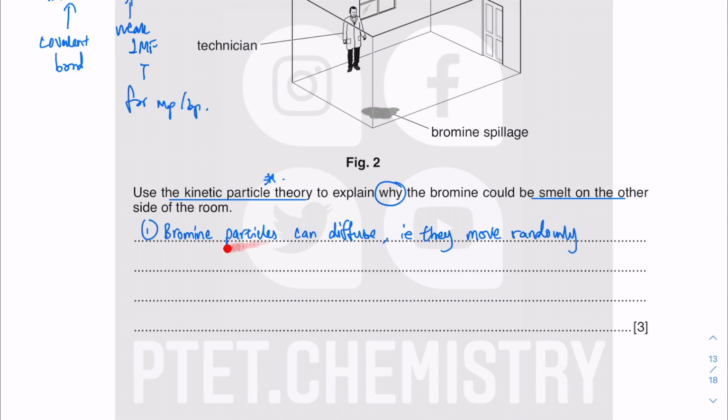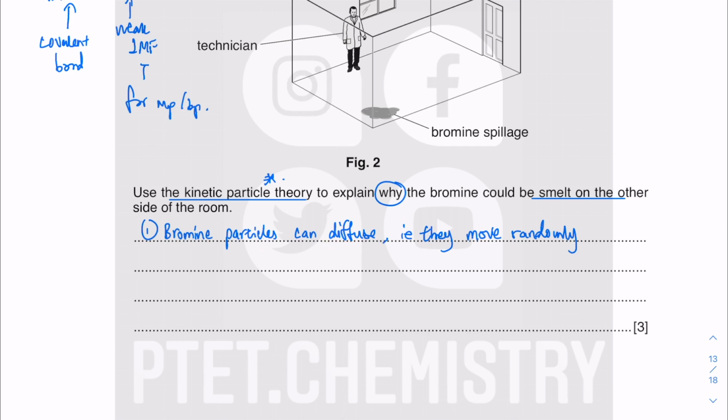There refers to bromine particles. If you just write there without referring to bromine particles first, then it doesn't have a meaning. But I started by saying bromine particles can diffuse, so they refer to bromine particles. If you don't use the right term, you might not get the marks.